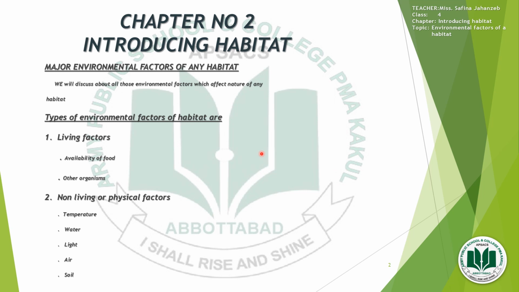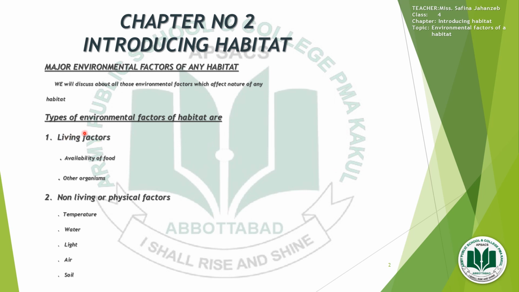Now we are going to discuss the basic introduction of habitat. Here are some major environmental factors of any habitat. We will discuss all those environmental factors which affect the nature of any habitat.